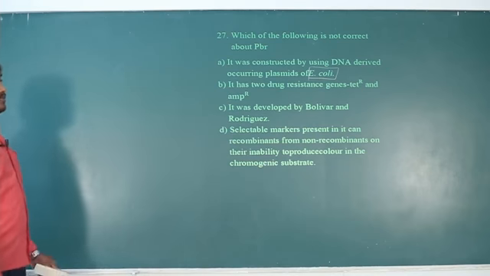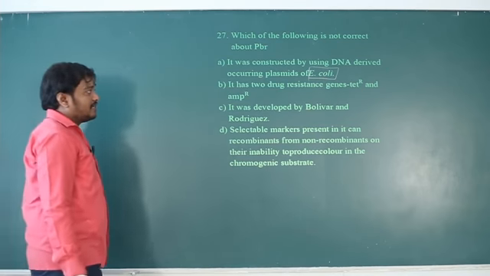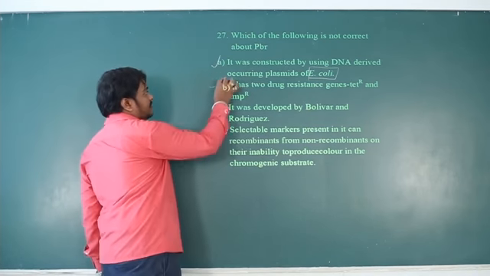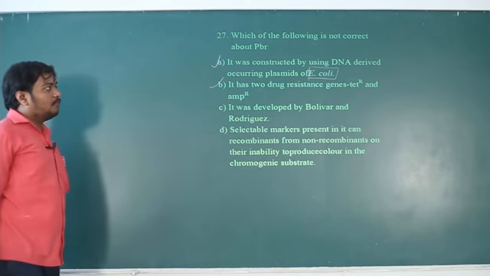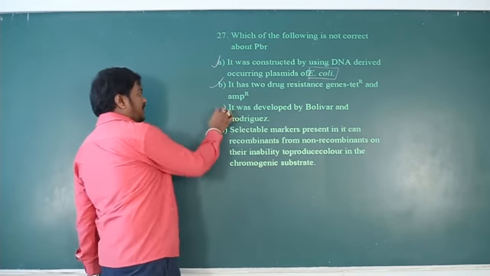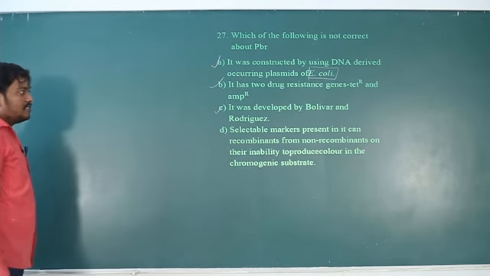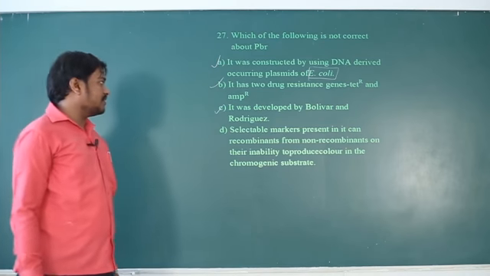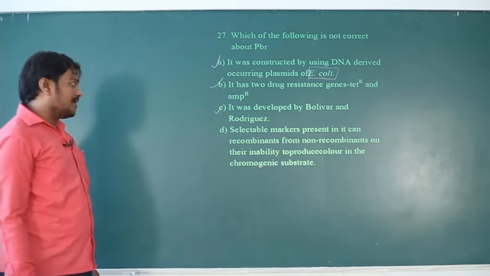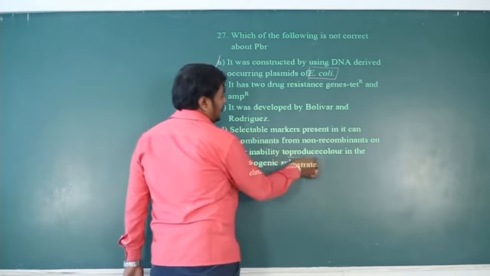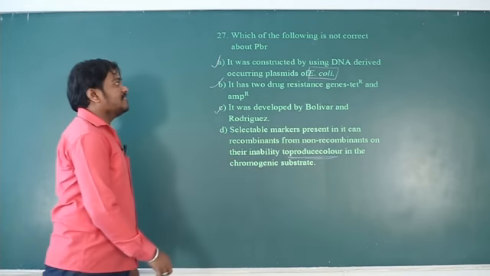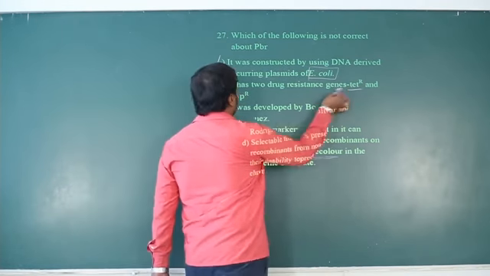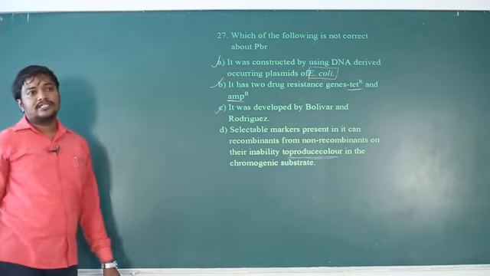It has two drug resistance genes, tetracycline resistance and ampicillin resistance. Of course, both are right. Then it was developed by Bolivar and Rodriguez. Yes, it is right. Selectable markers present in it help differentiate recombinants from non-recombinants by their inability to produce color in the chromogenic substrate. So remember, ampicillin and tetracycline are not chromogenic selectable markers.